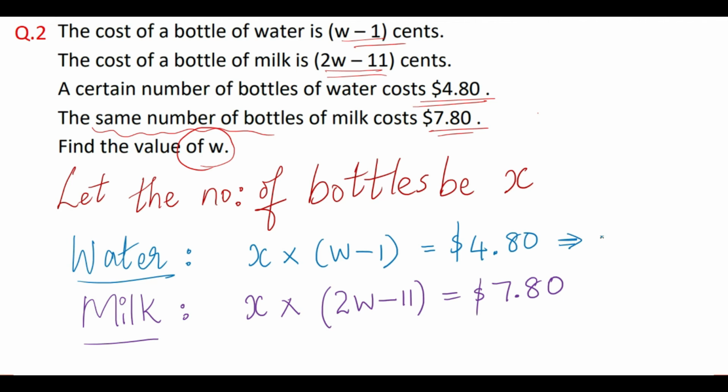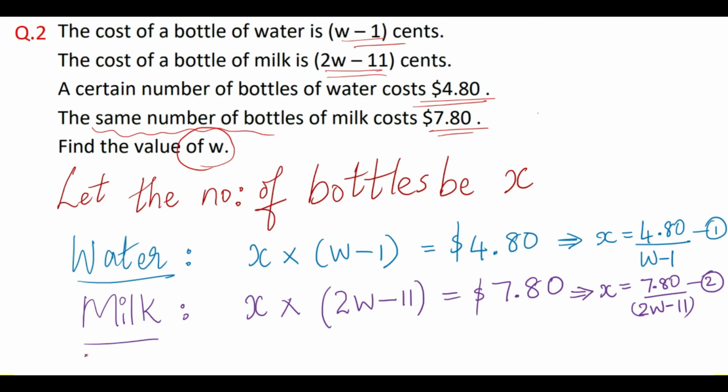Now from this equation you can write X is equal to 4.80 divided by W minus 1, which is your equation 1. And from the second equation you can again write X is equal to 7.80 divided by 2W minus 11, equation 2. Now since the LHS of equation 1 equals the LHS of equation 2, we can say that the RHS of 1 and 2 are equal.